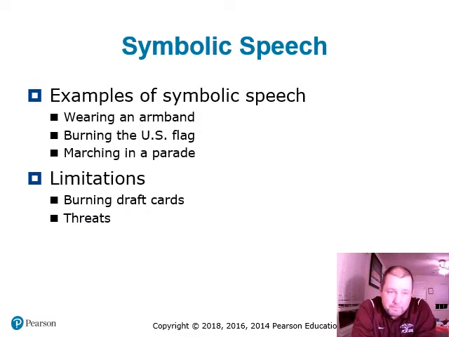Symbolic speech is generally something that we protect under the First Amendment. Symbolic speech is essentially speech that's non-communicative, meaning that it's not spoken or written or signed or whatever.